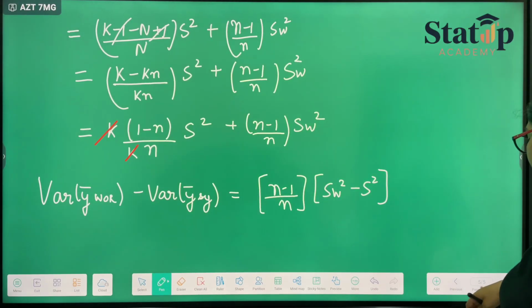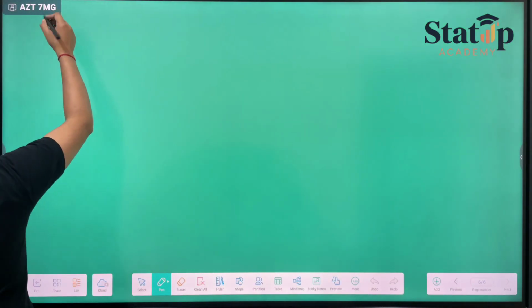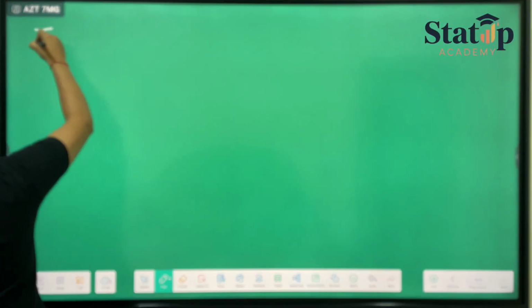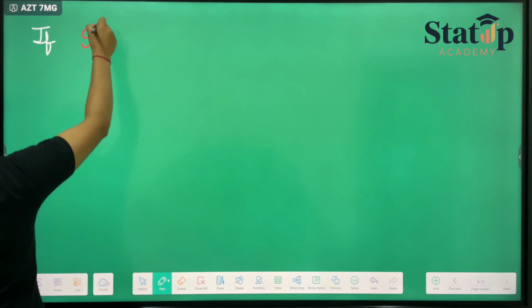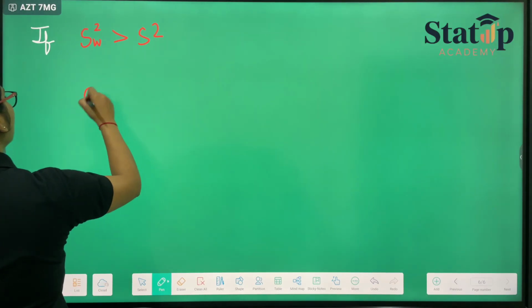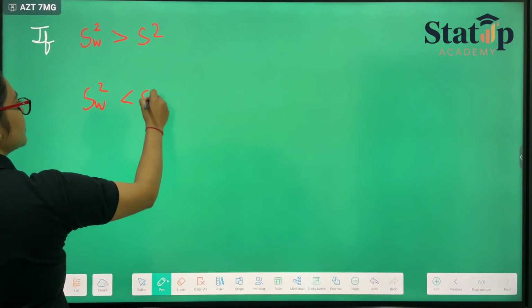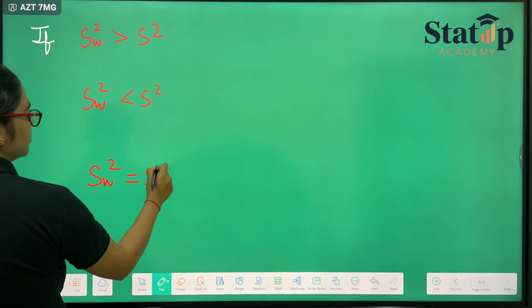Now checking the efficiency. If S_W square is greater than S square, if S_W square is less than S square, and if S_W square is equal to S square.